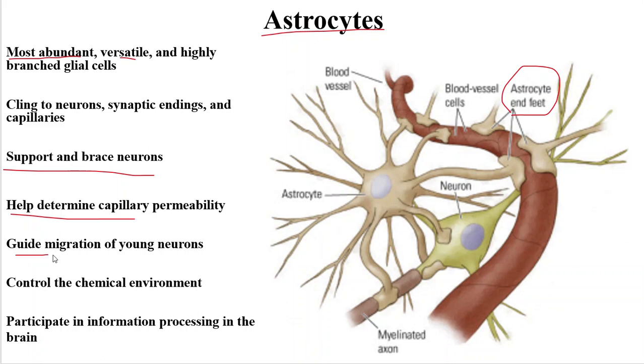During development, these astrocytes are going to guide the newly formed neurons to their places. Going to have a lot to do with the chemical environment. A lot of that's going to be through their blood-brain barrier, and have some participation in information processes.